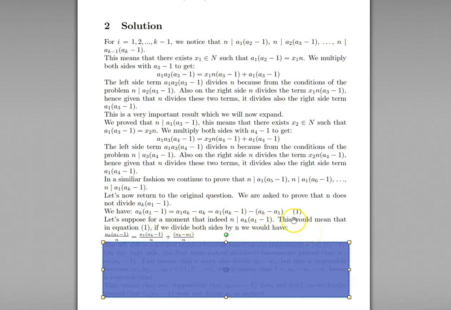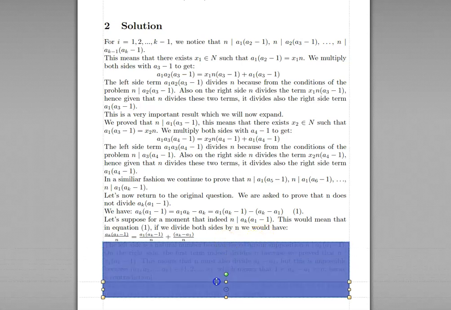This would mean that in this equation number 1, if we divide both sides by n, we would have that ak times a1 minus 1 divided by n is equal to a1 times ak minus 1 divided by n plus ak minus a1 divided by n.